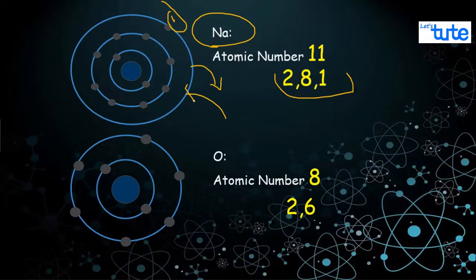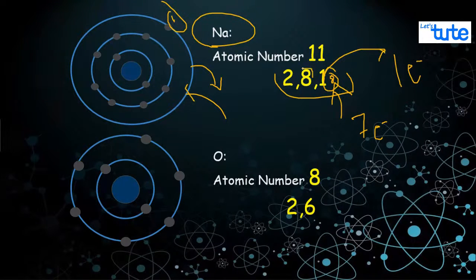That simply means we should have 8 electrons in the outermost orbit. For this sodium, if we want the outermost orbit to be 8, we would have to add 7 electrons. Or maybe we can just give out one electron, and then the second orbit will be the outermost orbit.